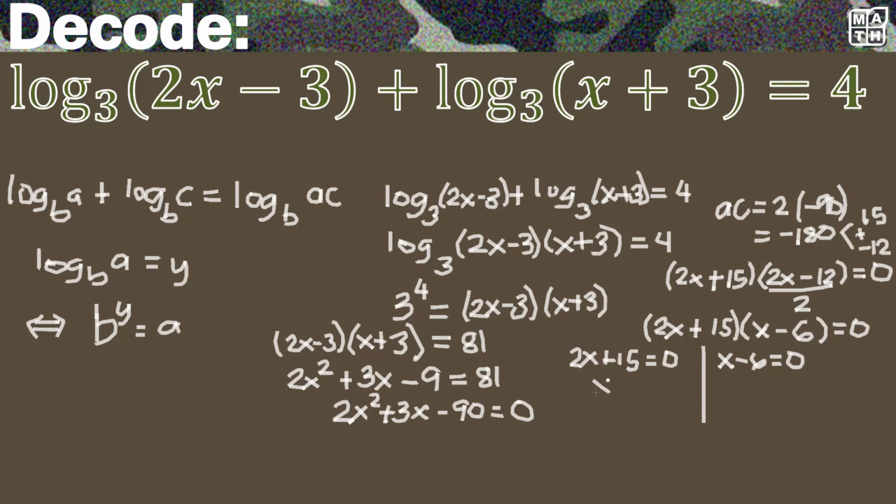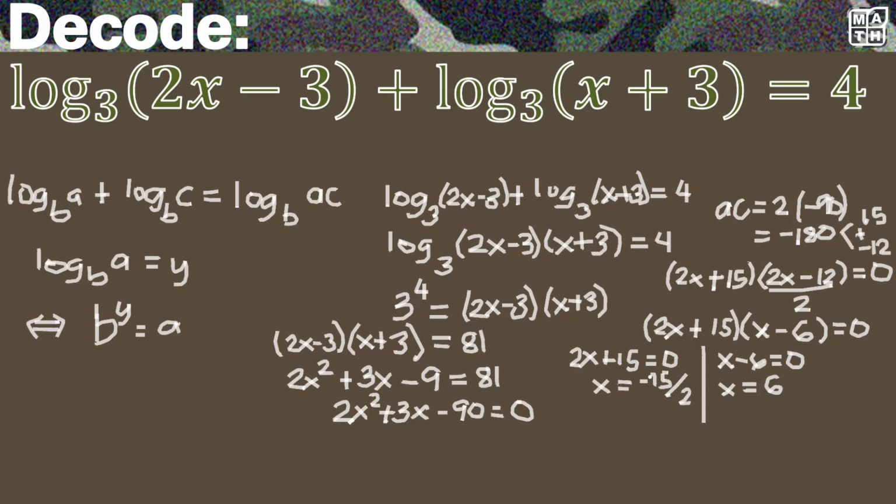The first value of x is negative 15 over 2, when you subtract 15 from both sides and divide both sides by 2. Here, you will have x equal to 6. Now, we have two possible values of x, but let's examine whether both of them, only one of them, or maybe none of them could satisfy the equation.